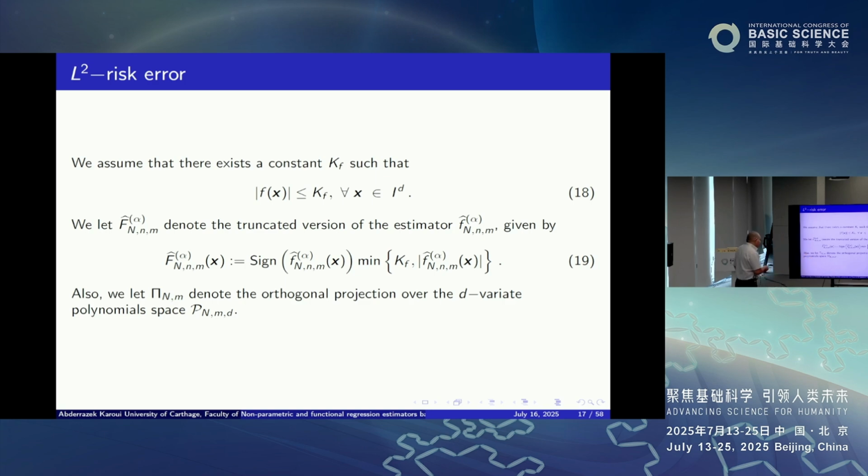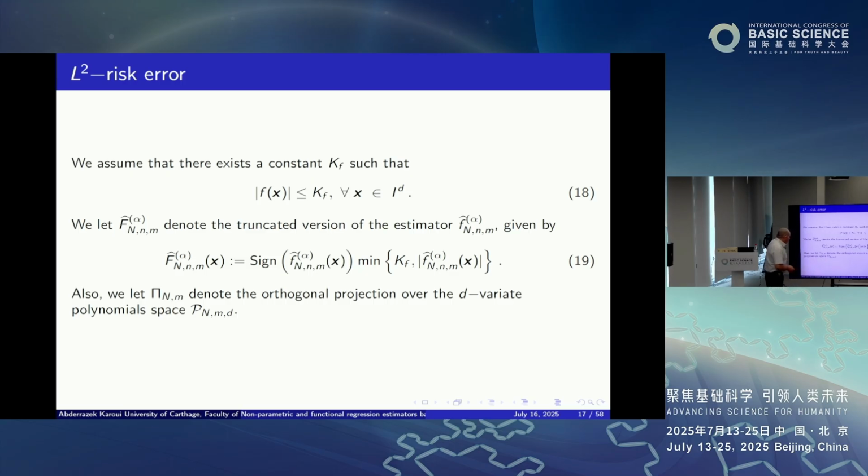To prove that it has the optimal convergence rate, we are going to truncate this estimator. This is the truncation: the sign of the estimator, the solution of the minimization problem, times the minimum of a constant K_f and the absolute value of our estimator.